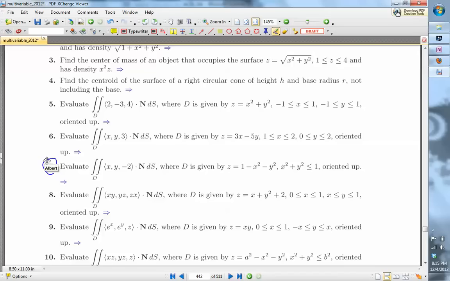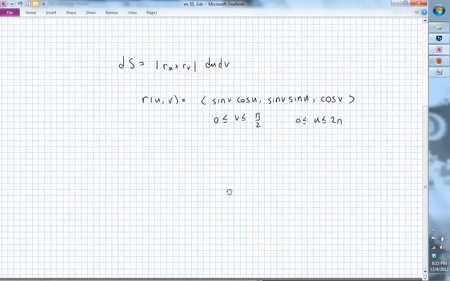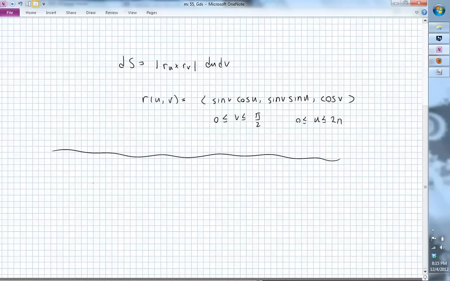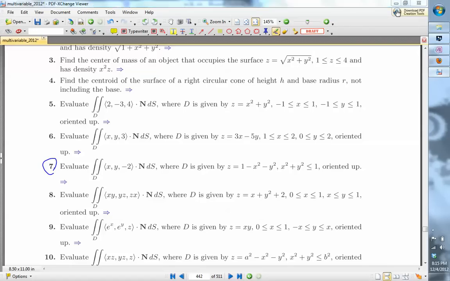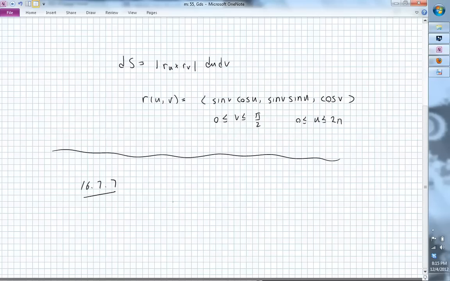You can parameterize this using either polar coordinates or Cartesian coordinates. Let me show you both. So let's look at that. What is this? 16.7, gosh, 6.7.7. So we have z equals 1 minus x squared minus y squared.